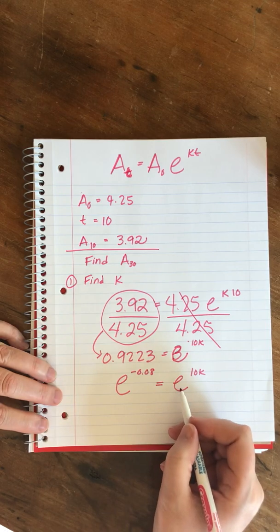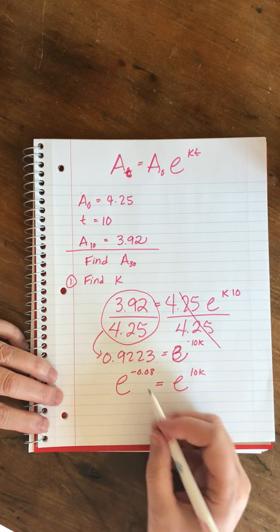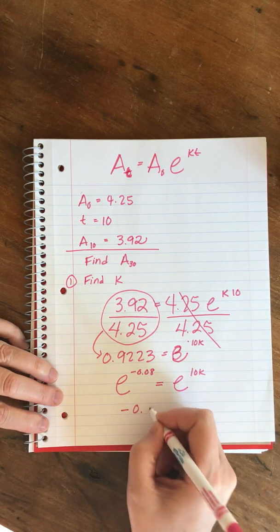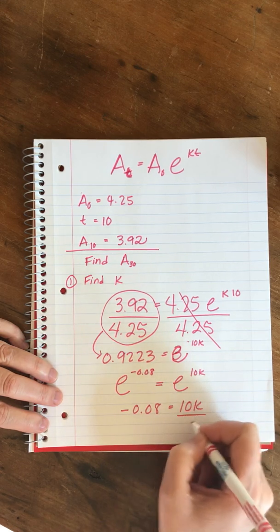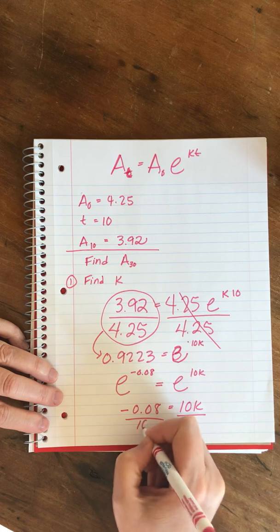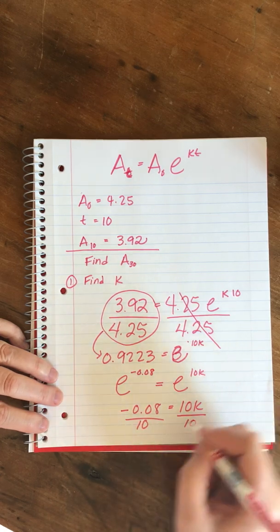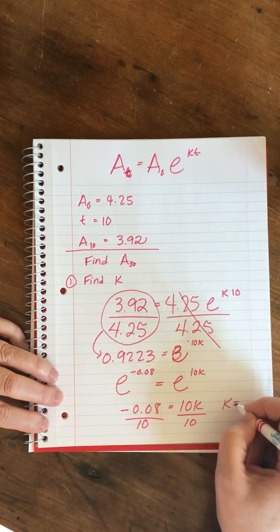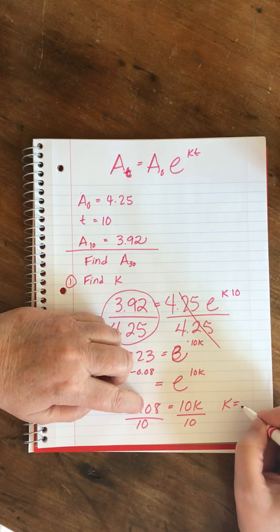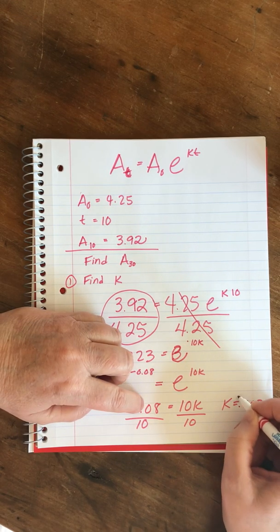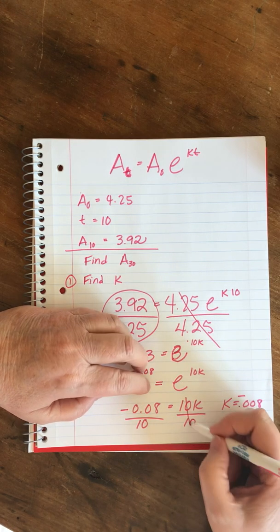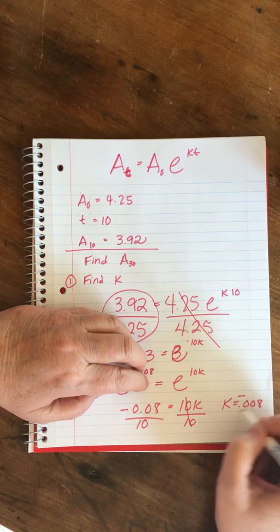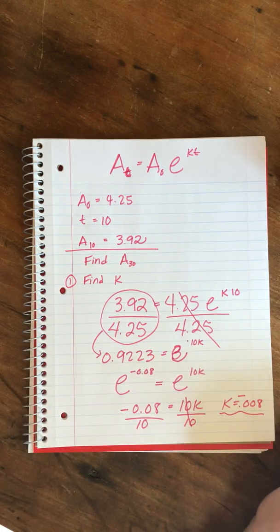Now we have single terms on each side, matching bases, so we can say that negative 0.08 equals 10k, and I can divide both sides by 10, and that tells us that k equals, one more decimal place, right, negative 0.008. That's not the way I wanted to write that, but okay, that works. It's a negative number, okay? So there is our k.